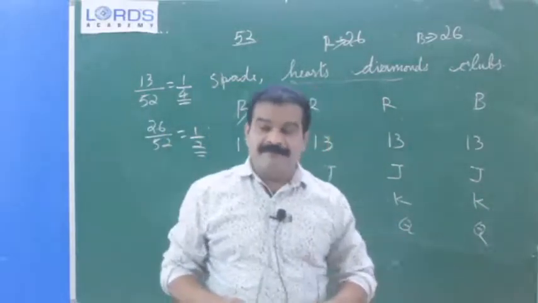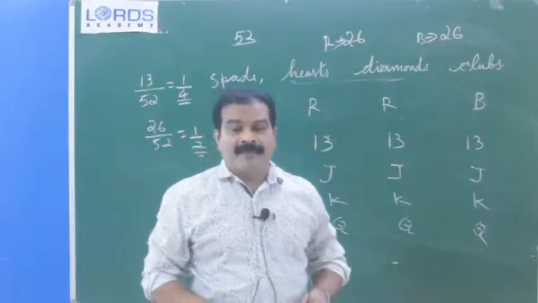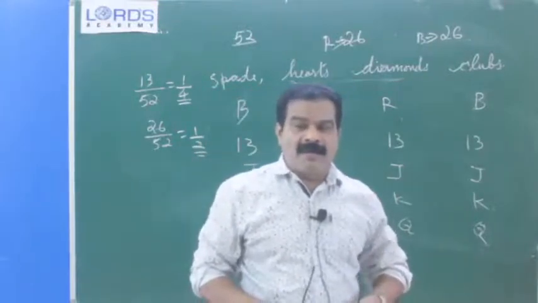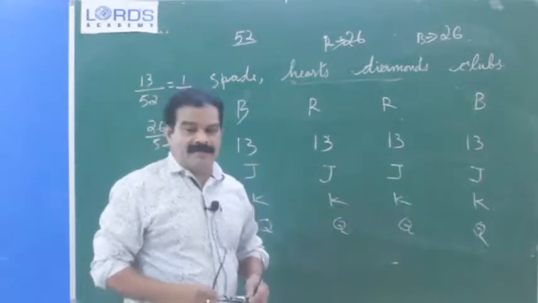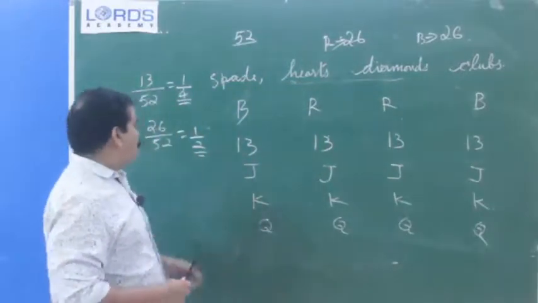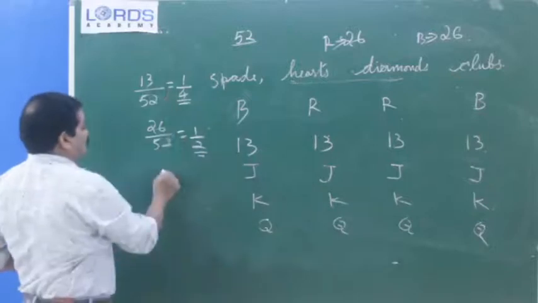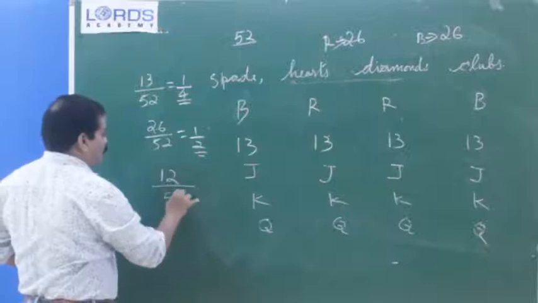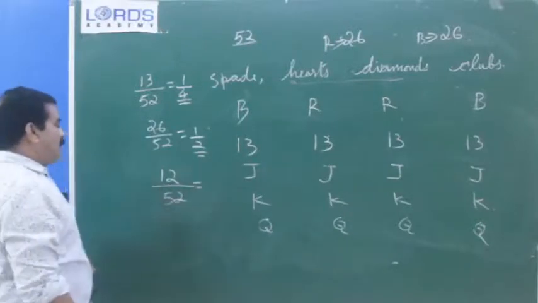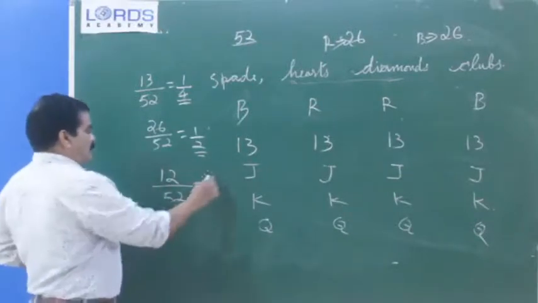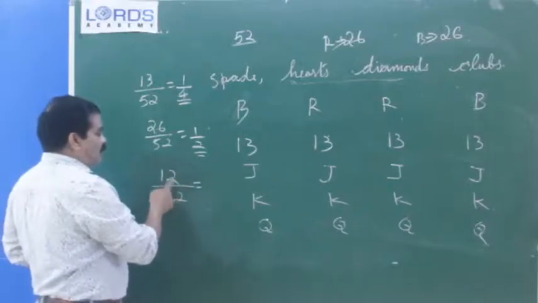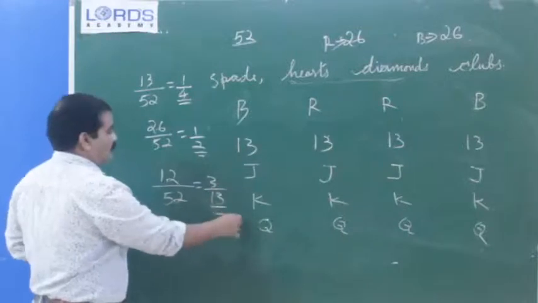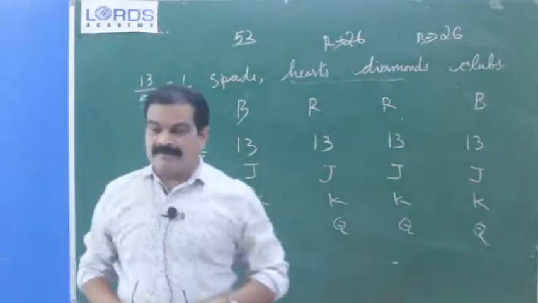Tell me, anyone? 12, yes, 12 face cards are there. Number of favorable cases is 12 and possible cases is 52. You can simplify it for ease, 3 by 13, you will get the answer.